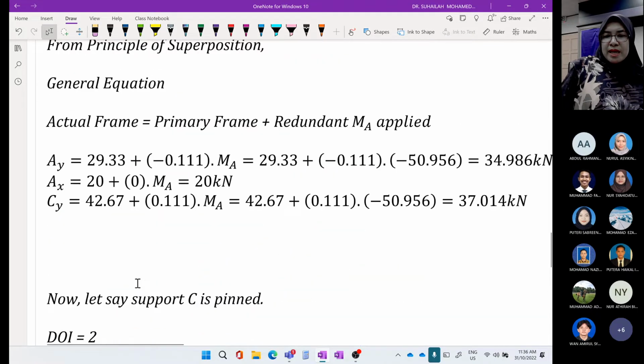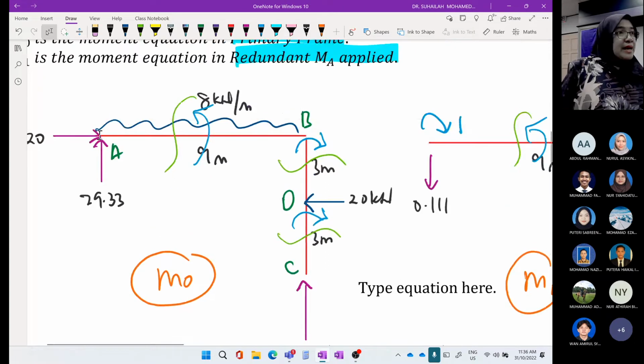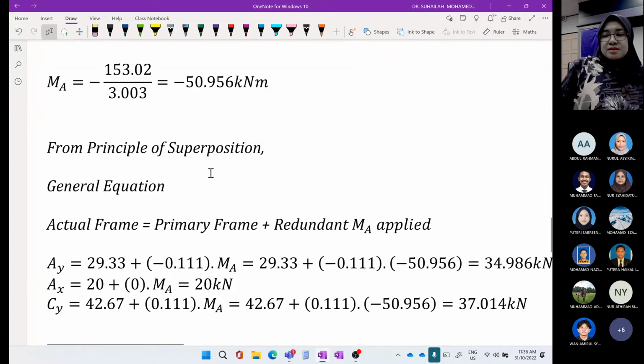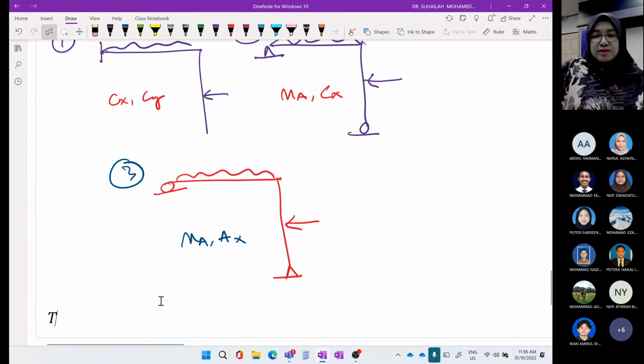Kalau 3 kena buat balik. Sebab yang atas tadi kan kita pin dekat A, kan? Kita just nak continue yang atas tadi. So kita ambil 2 ya. Okay, kita take option 2.